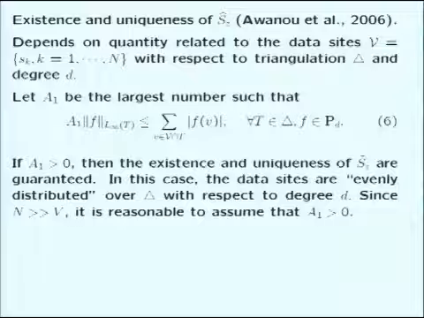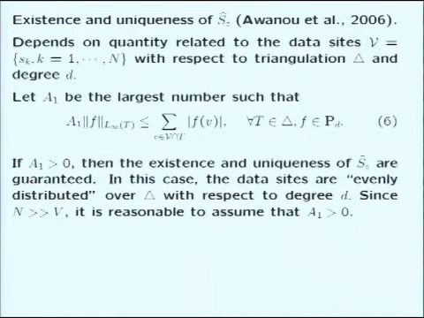So say F is a polynomial of degree D here. A1 is the largest number such that A1 times F in L infinity norm over this specific triangle in the triangulation is smaller than or equal to the sum of the values of the function inside.